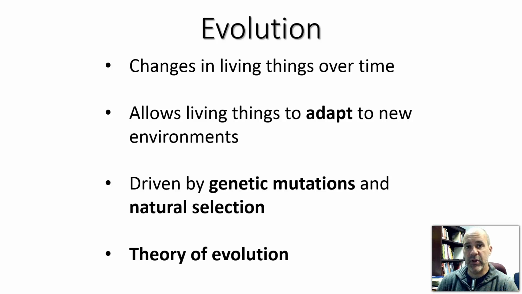They adapt to new environments where they couldn't exist before. If an organism becomes adapted to an environment and is successful there, it will occupy that space and become a member of the community in that environment. So evolution has allowed living things to adapt across all environments on the planet.